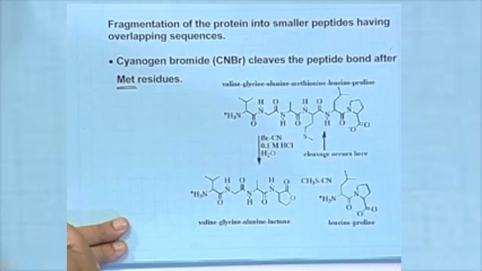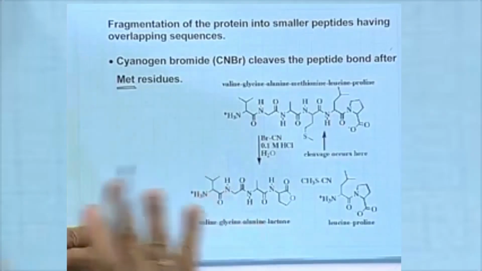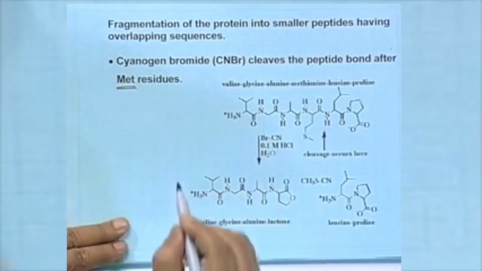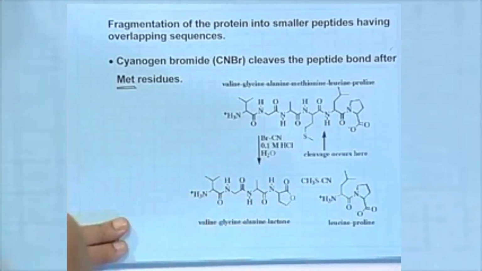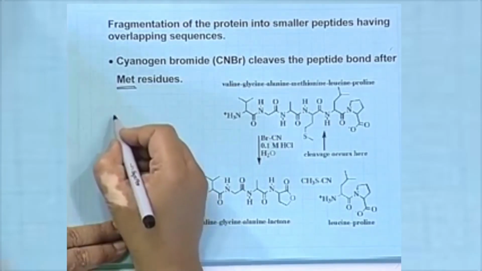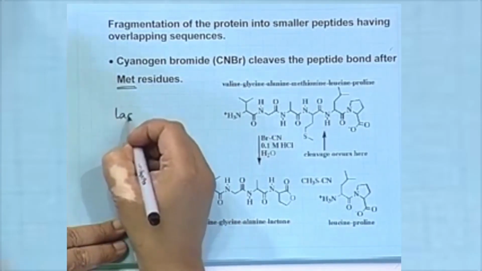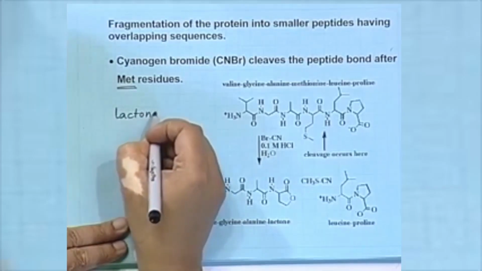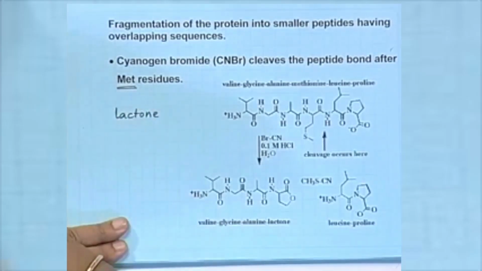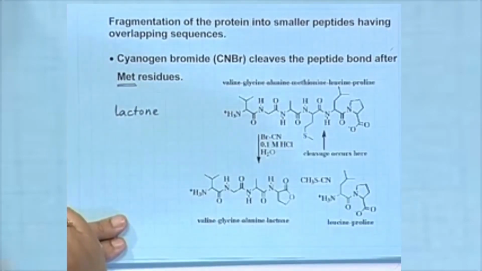So what happens in this case, I have just given the mechanism here, but that is not important. What we need to know is that a lactone is formed. So we have the formation of a lactone. The lactone is formed where the methionine residue was in the polypeptide chain. What does that mean?